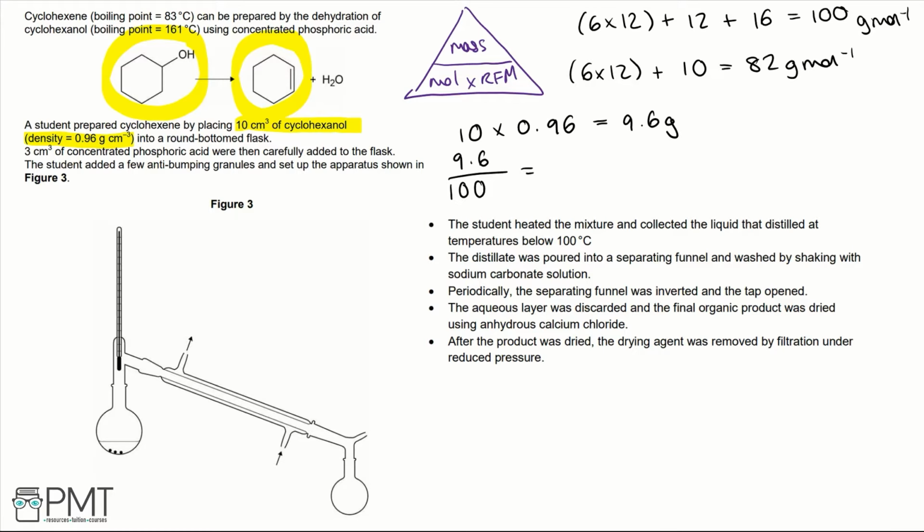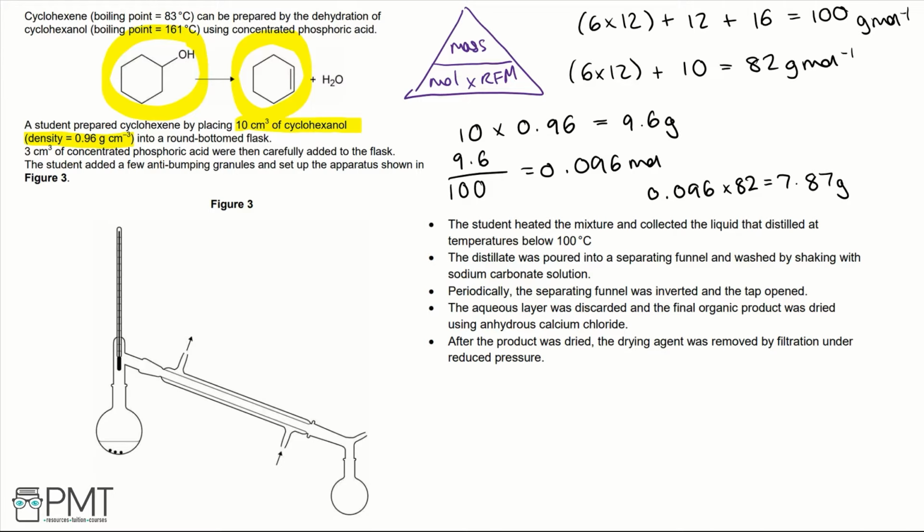And that is going to equal 0.096 moles. Then we're going to do 0.096 times 82, and that equals 7.87 grams, which is the maximum mass of cyclohexene that we could produce in this question.